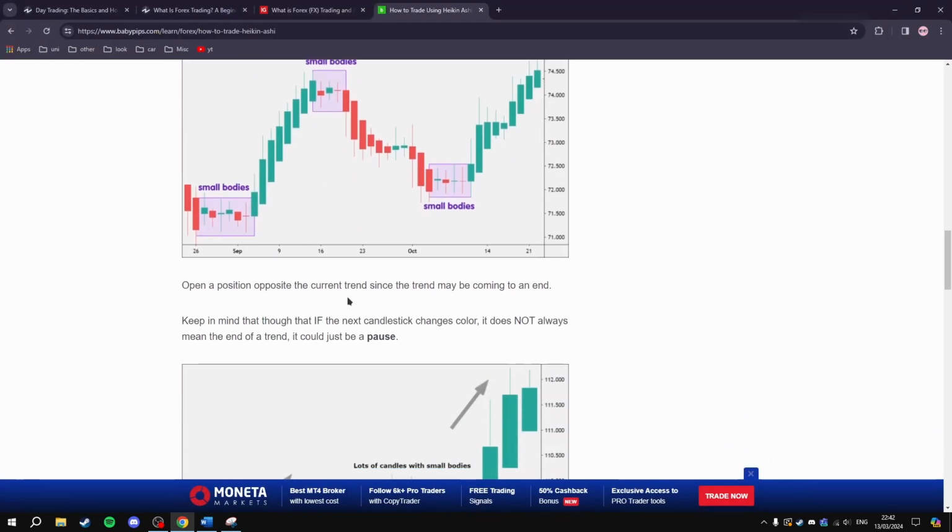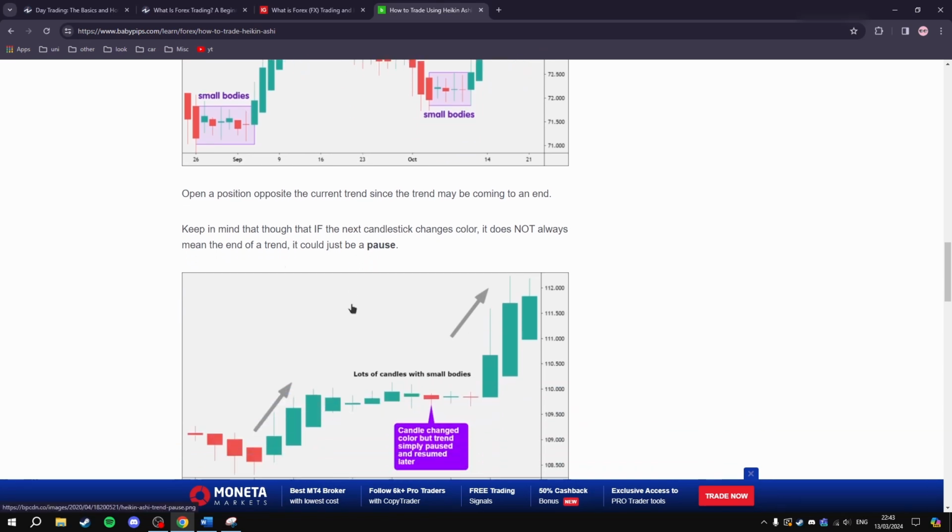Open a position opposite the current trend, since the trend may be coming to an end. Keep in mind though that if the next candlestick changes color, it does not always mean the end of the trend. It could just be a pause.